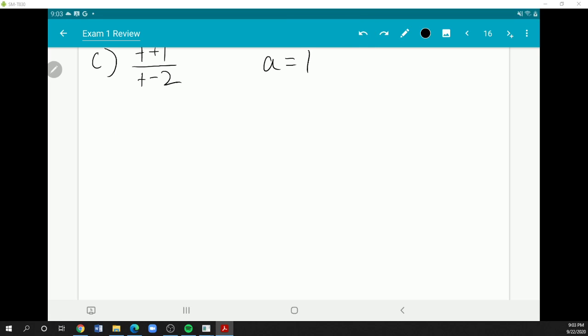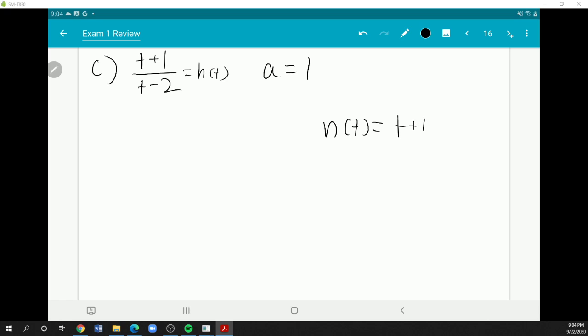And this is h of t. So the numerator is t plus 1. The denominator is t minus 2. N prime is just 1. D prime is just 1. Nothing too crazy going on.